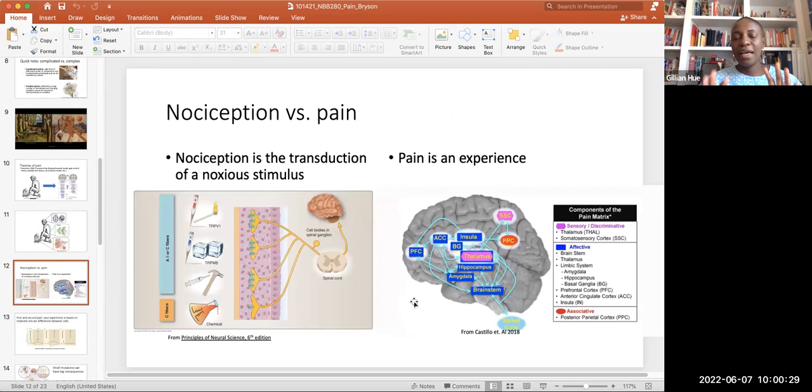And here, again, with the words, we have 2 different words: one that means the physical experience, what's happening, the mechanisms, and then pain, which is how it feels.